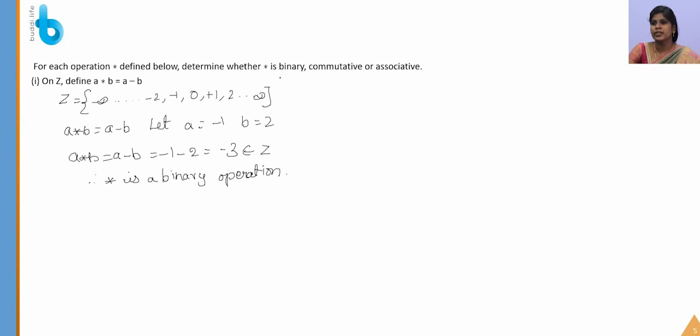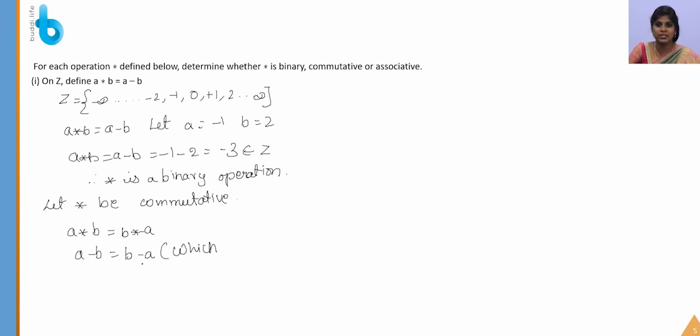Next, we'll check for commutative. Let star be commutative. If the operation is commutative, according to the definition, A star B will be equal to B star A. So A star B according to the definition is A minus B, and B star A is B minus A. But A minus B equal to B minus A is not true because the operation subtraction is not commutative.